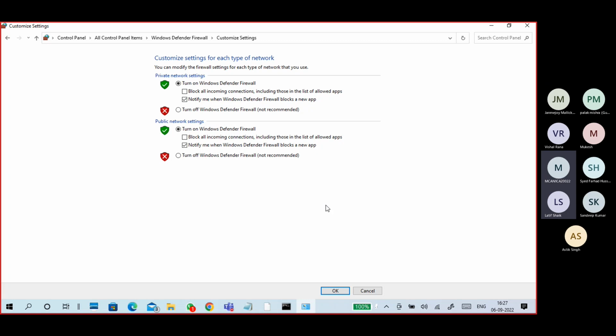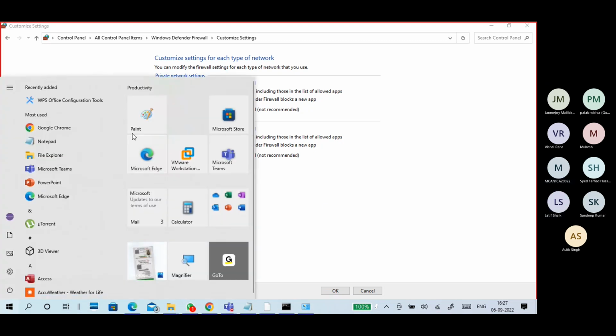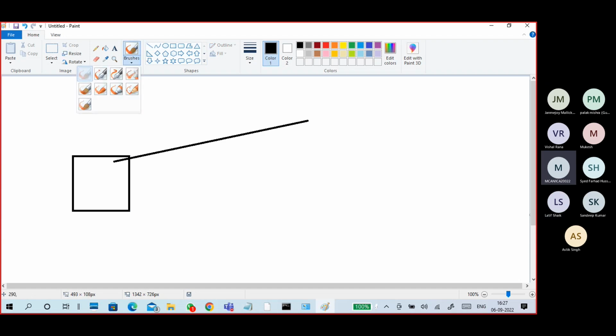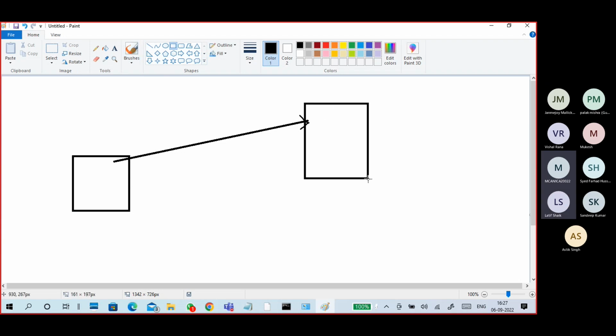Whenever someone is trying to send a packet on their own, always remember firewall, NAT, PAT techniques. They always work like this. You are sending a packet to the destination, so you are able to send it.